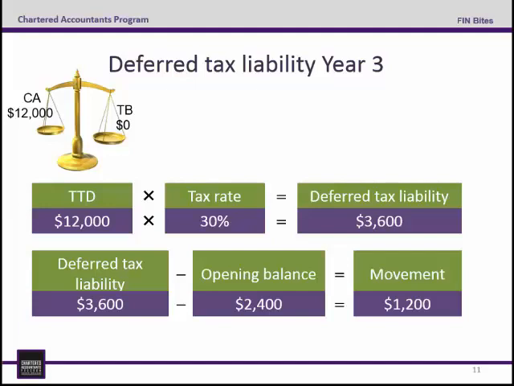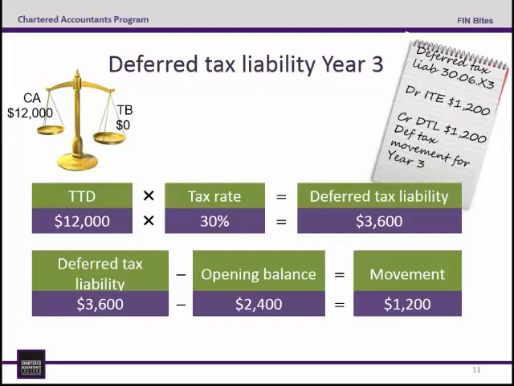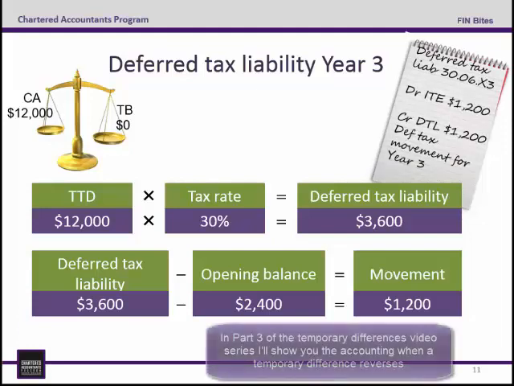Our deferred tax liability at the end of year three is $3,600. So therefore, the movement for the year is $1,200. And that's what we put through in our journal entry. Debit income tax expense, credit deferred tax liability, $1,200. And that's our deferred tax movement for year three.